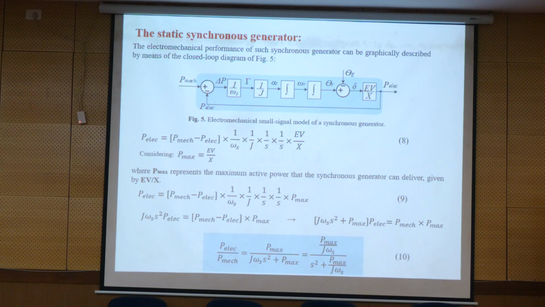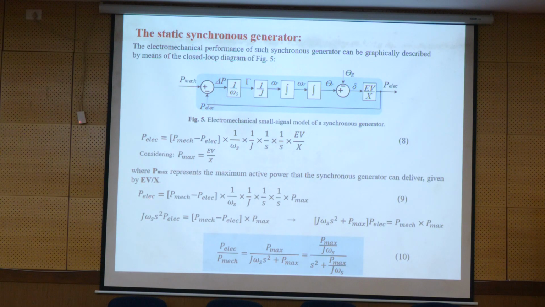So now we get back again to this equation. We see that we have P mechanical, P electrical. So P electrical is equal to P mechanical minus P electrical times 1 over omega S, times 1 over J, times 1 over S, times 1 over S, times V over X. By this assumption, this is the P max, so we can replace it with P max.